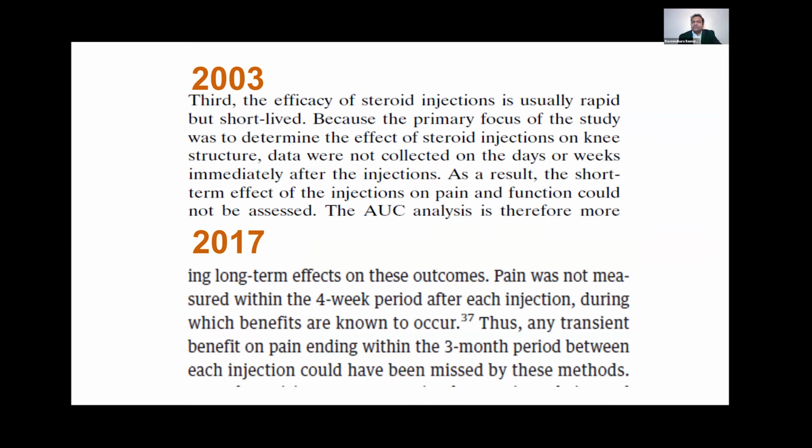So what I felt was they were not collecting the clinical outcomes at the right time to see if steroids would be really effective. As we all know, the steroid effect is pretty short-lived. And I mean, it depends. Some people may get 2 weeks of effect and some will be like 4 weeks or 6 weeks, but then they were measuring once in 3 months.